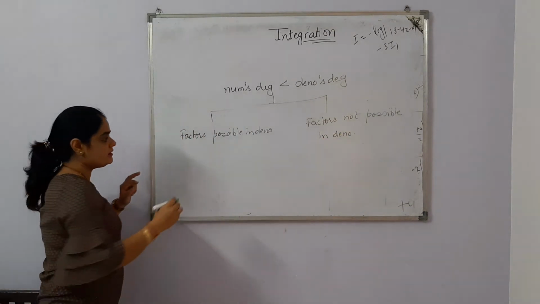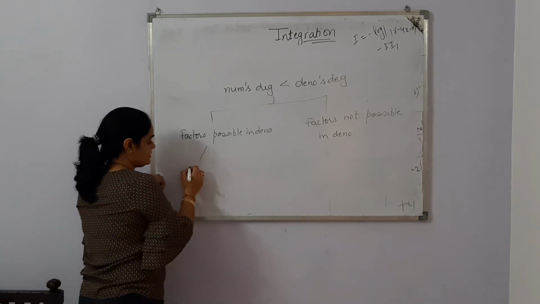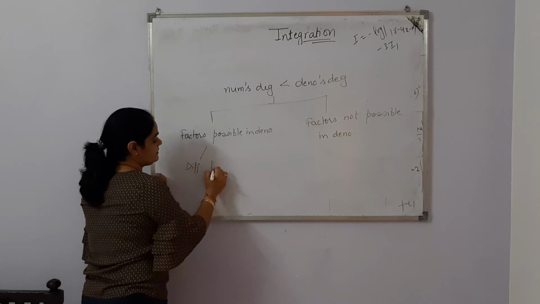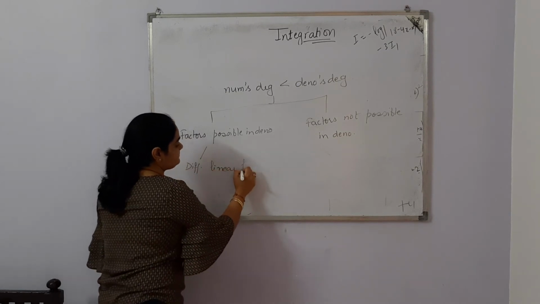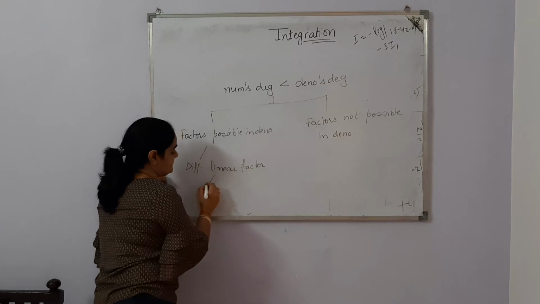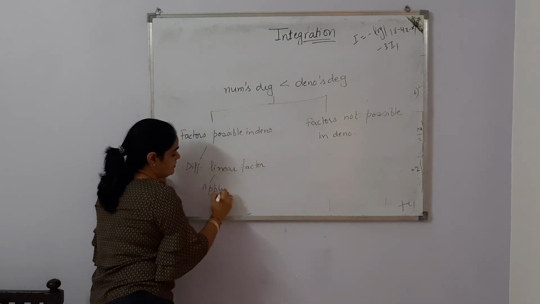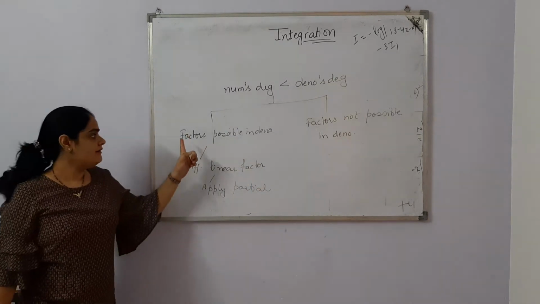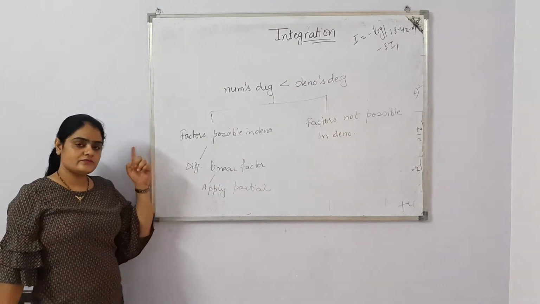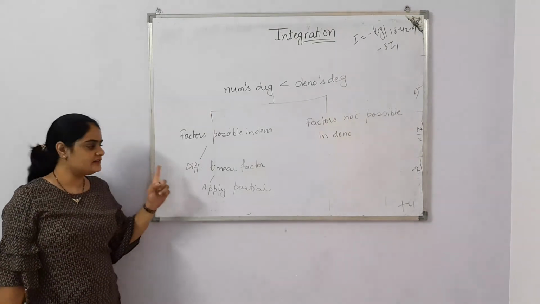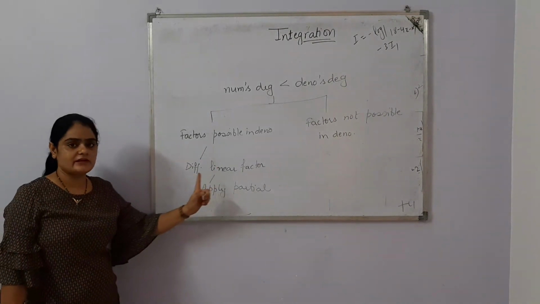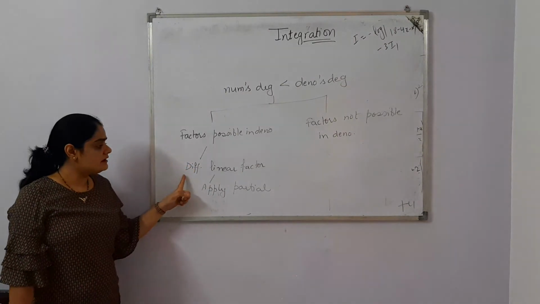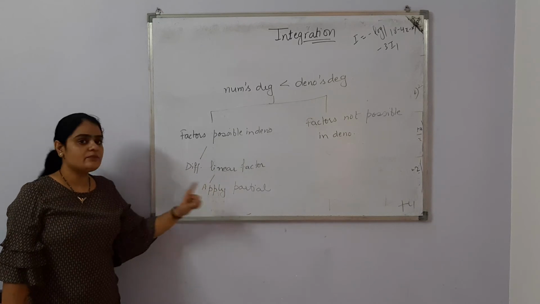If factors are possible in the denominator, and they are different linear factors, apply partial fractions. Now we did only one criteria of partial fraction, with different linear factors. Tomorrow we'll do another, when the factors are repeating. Now here if the different linear factors are there, then apply partial fractions.